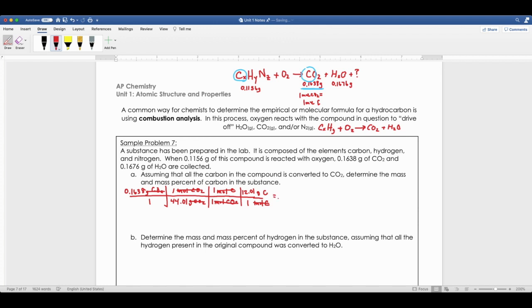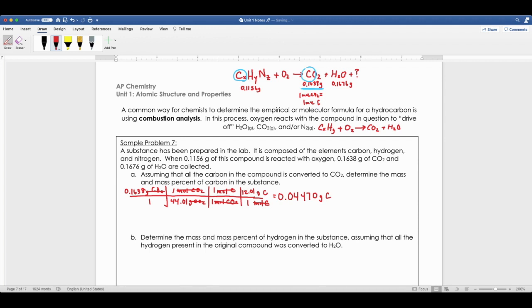And when I solve for this, I should find that my answer is 0.04470 grams of carbon. So of this 0.1638 grams of CO2 that was produced, 0.04470 grams of that is carbon.